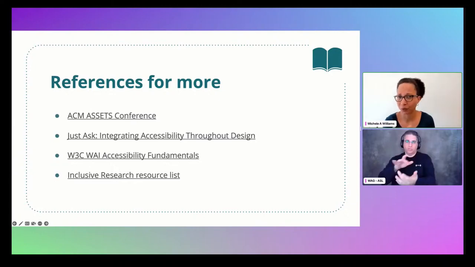So make sure you check that out as a resource that is a sort of official and also, again, free and open source. And then lastly, on LinkedIn, I just happened to see floating around someone, I don't know the person who did it, but they put together an inclusive research resource list and that I thought was pretty phenomenal, and I've linked there as well.